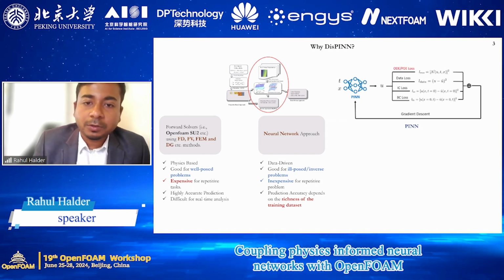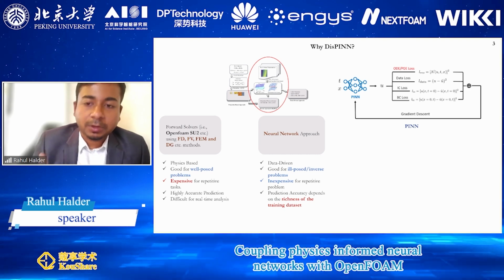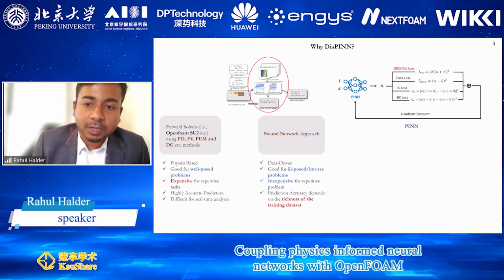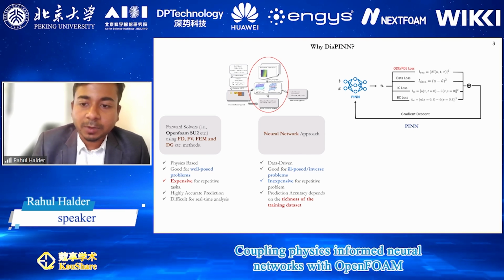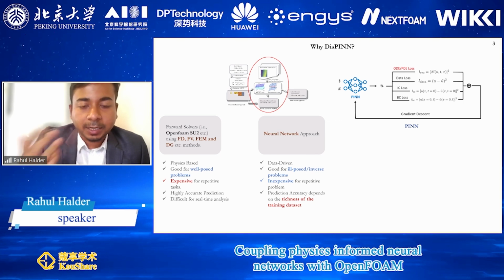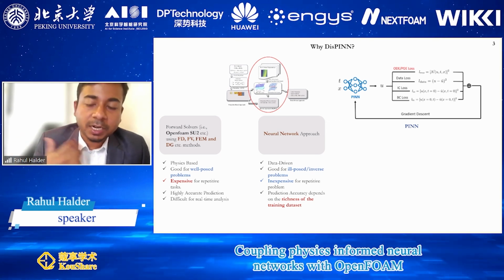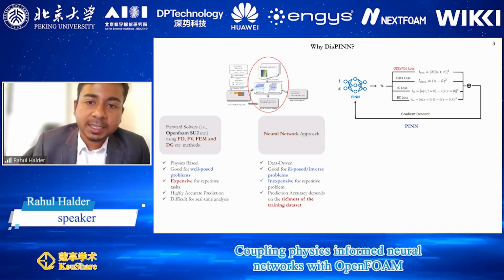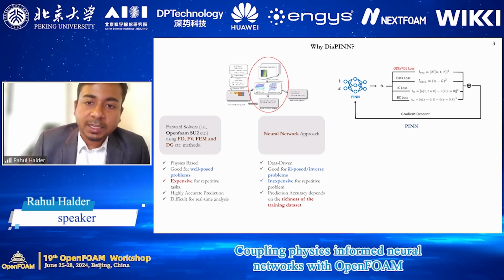Now, the new method I talked about, physics-informed neural network, circumvents the sparsity of the data. Imagine T and X as an input and U as an output.